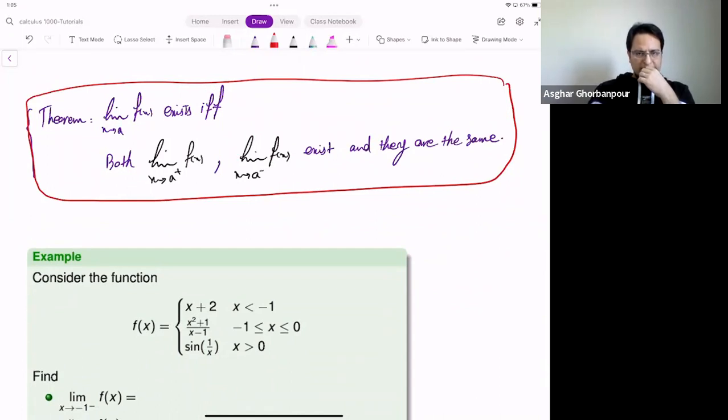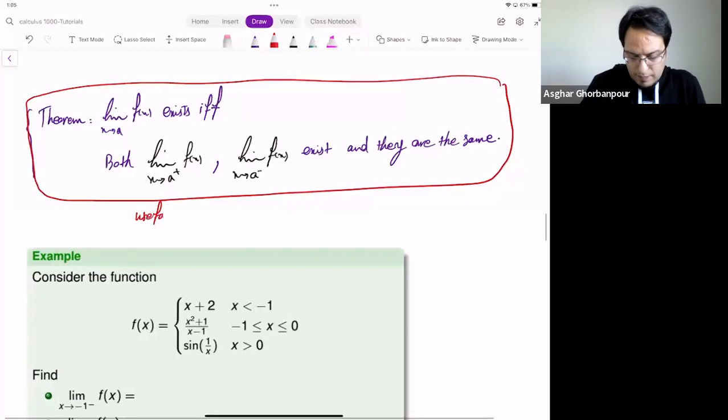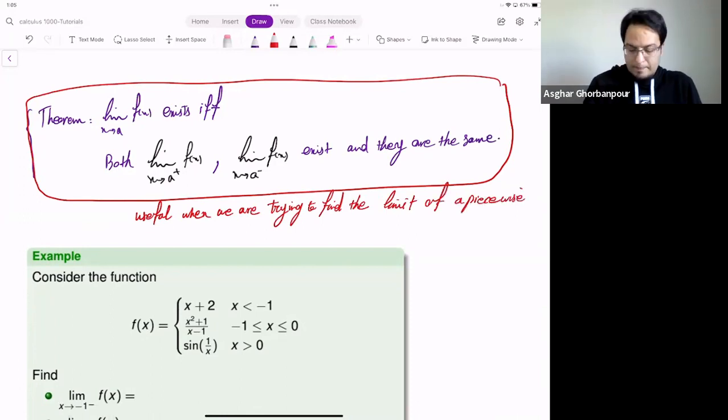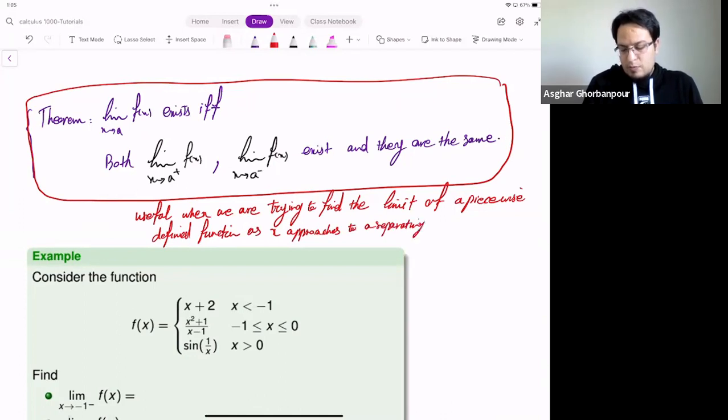Okay. So let me then do examples. This is specifically useful when we are trying to find the limit of a piecewise defined function, where x approaches a separating point on the domain.